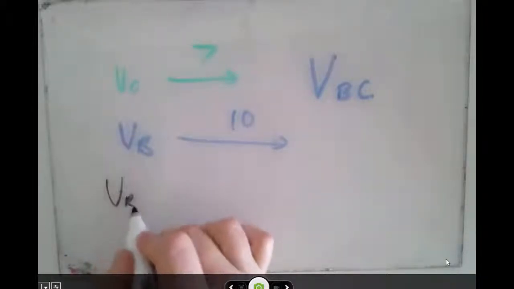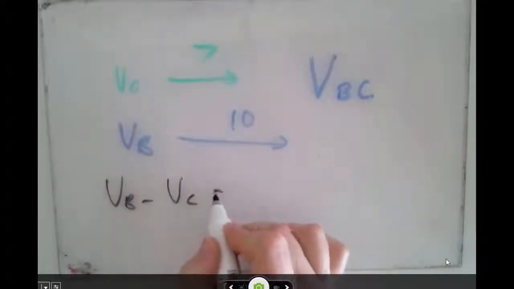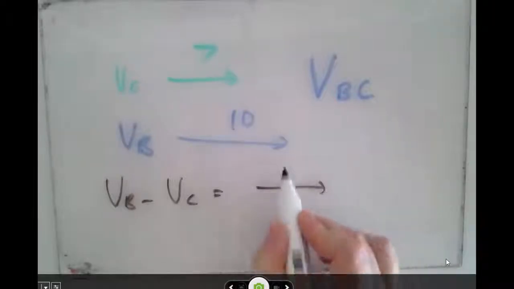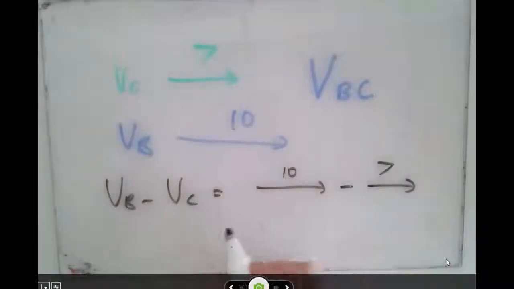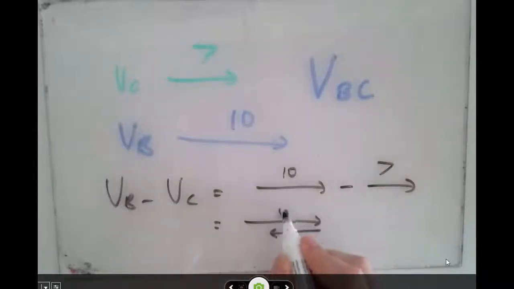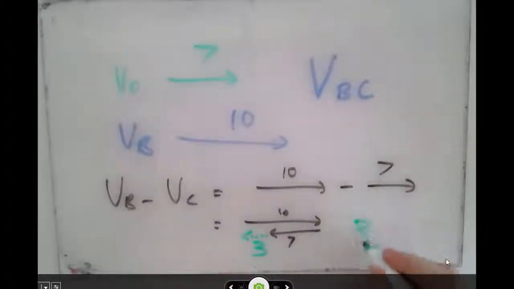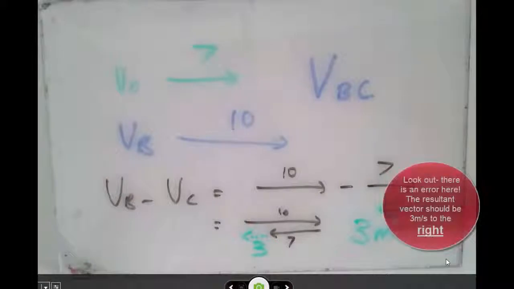So B minus C equals 10 minus 7, same direction, and the answer is 3 meters per second this direction up the hill.